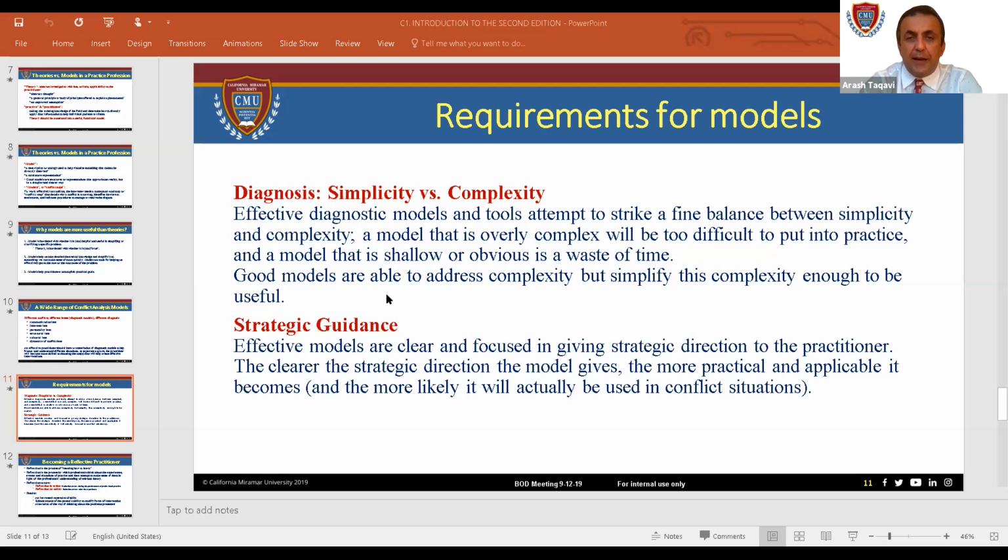Second part after that is the strategic guidance. In this part, the models should offer you some strategic future, strategic perspective, strategic vision, and guidance about the actions you should do. That we will talk about in the next weeks for each of the models.